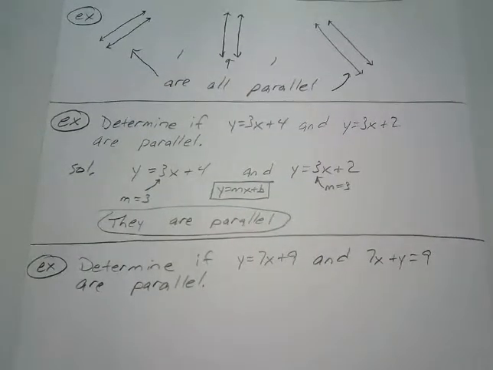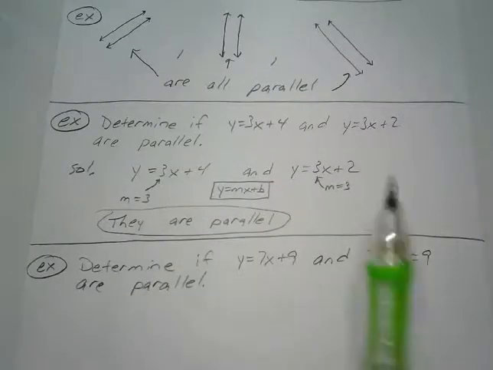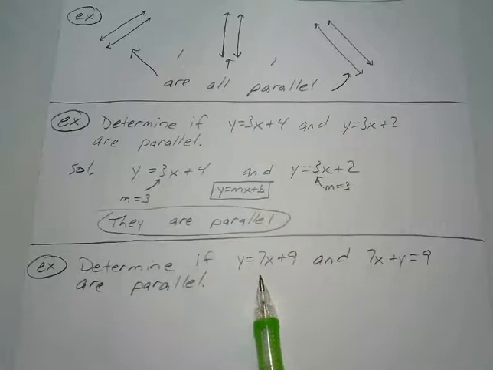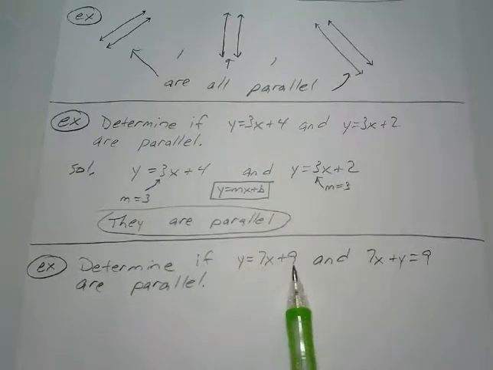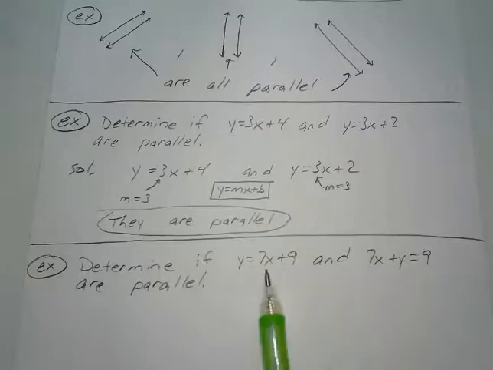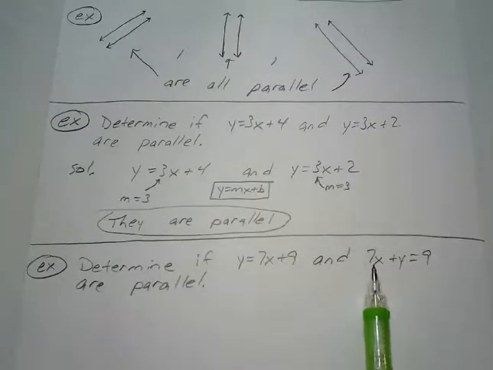Okay, now this one is a little tricky, because if you notice, this is in slope-intercept form, y equals mx plus b. This one is not. So if you looked at this and automatically thought 7x and 7x, oh, they're parallel, you would have gotten this one wrong. You have to be really careful before you can determine if it's parallel or not.